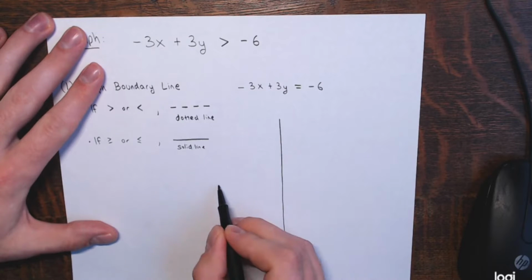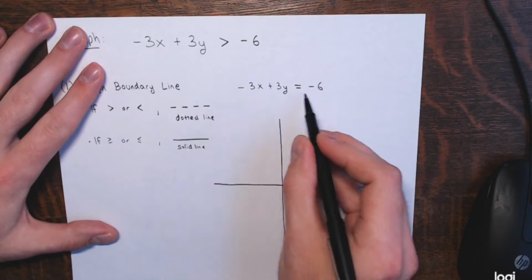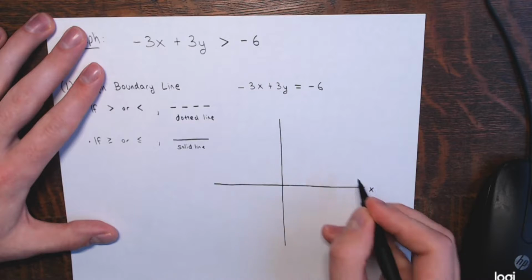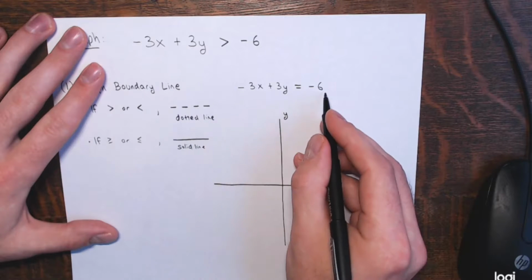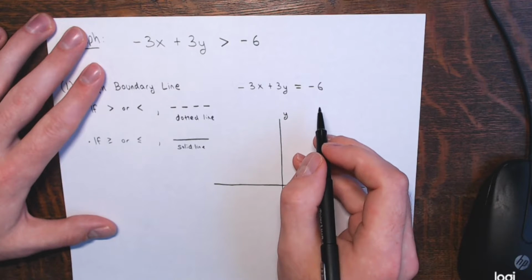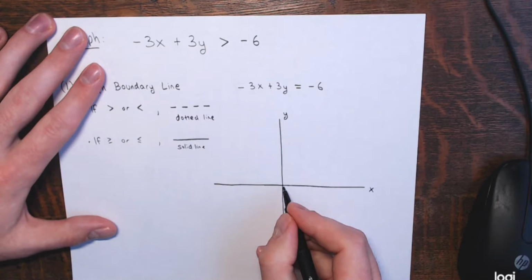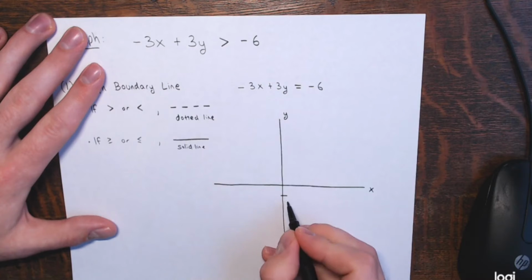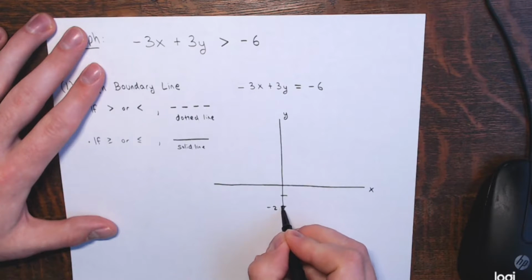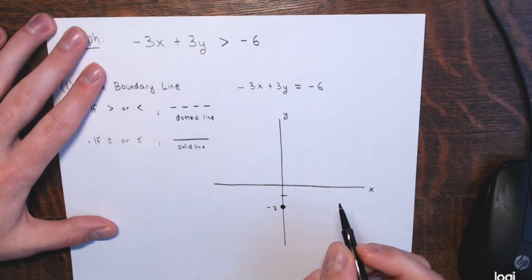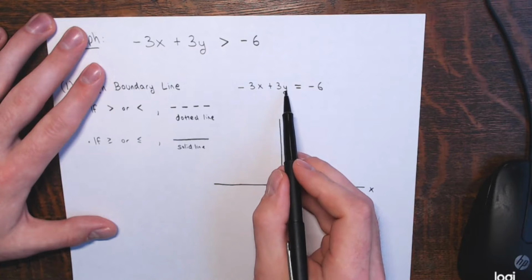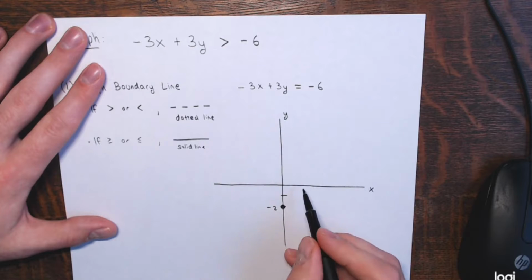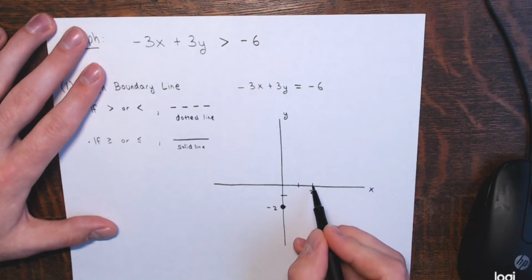Now, you can put this in slope-intercept form if you want, but remember when it's in standard form like this, ax plus by equals c, it's pretty easy to find the intercepts. Like if x were 0, y would have to be negative 2. So 0, negative 2 is on the graph of this boundary line. And if y were 0, x would be positive 2. So 2, 0 is on the boundary line.